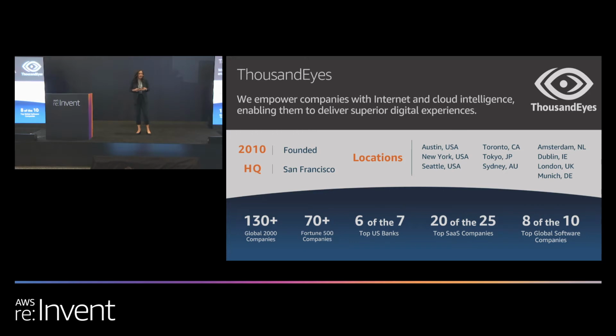That means managing end-to-end user experience for enterprise customers or their own employees as well. We were founded in 2010, based out of San Francisco, and our customer footprint falls on both sides of the cloud. We have enterprises that are moving towards the cloud, but at the same time, we also have cloud and SaaS providers as our customers as well.